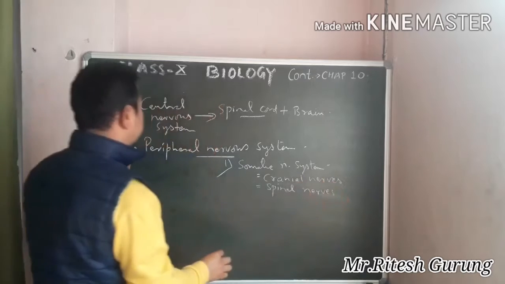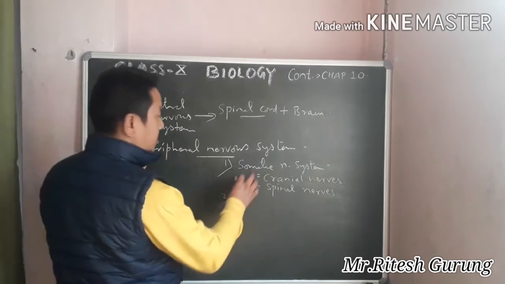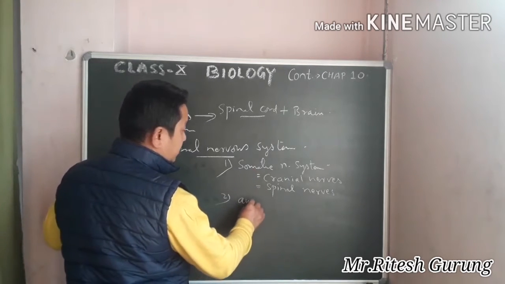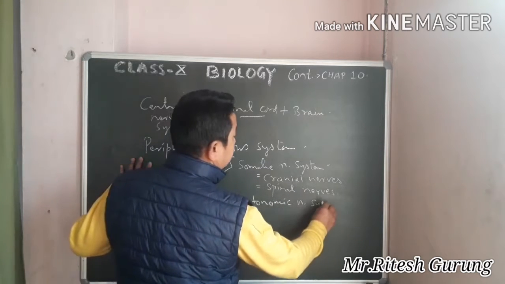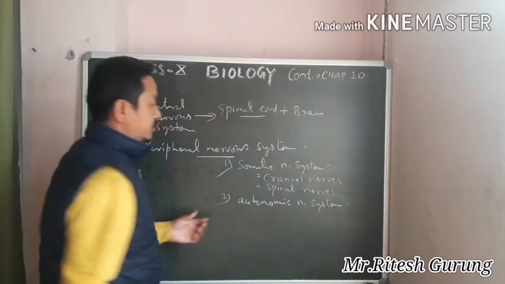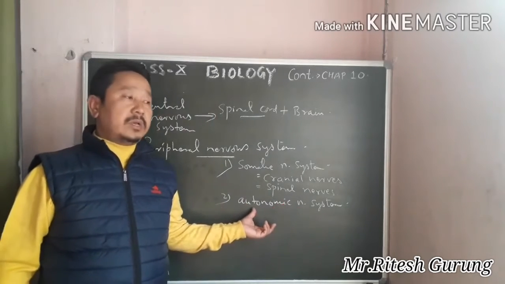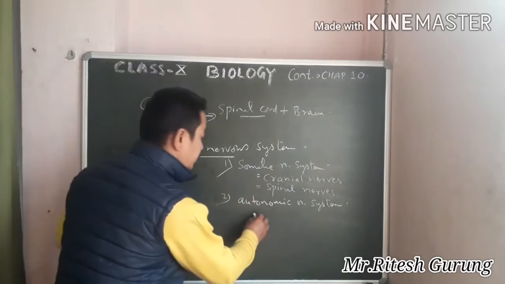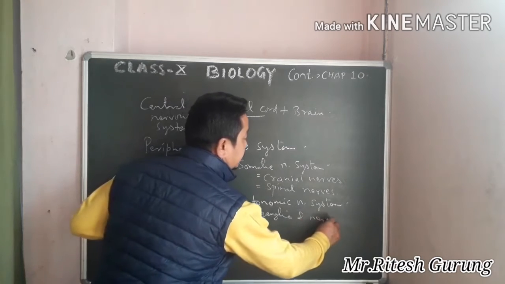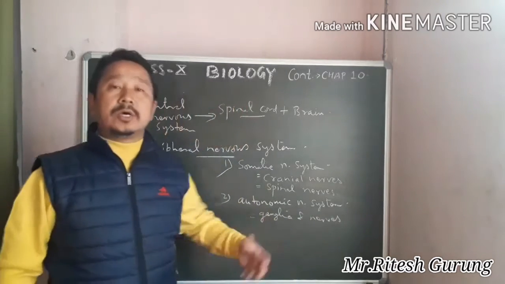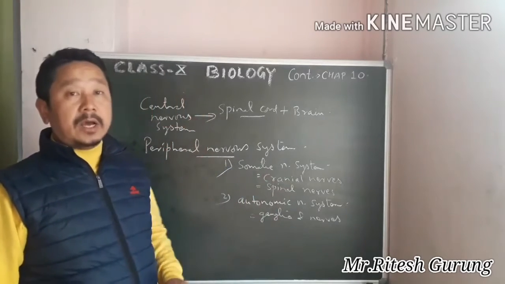Then the other one is your autonomic nervous system. The autonomic nervous system consists of a pair of chains of ganglia and the nerves on either side of the backbone. So that is how it is given in your book.